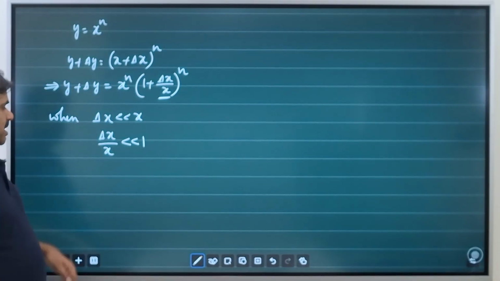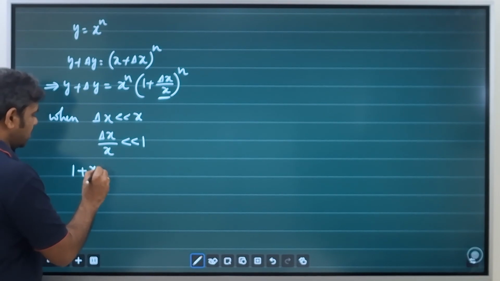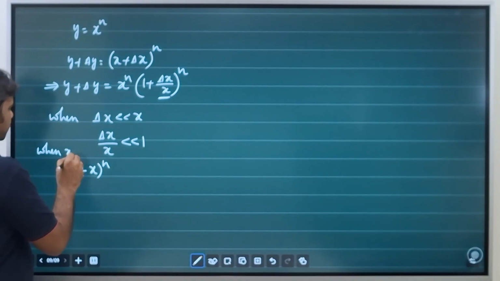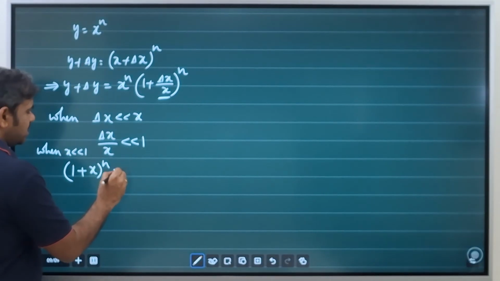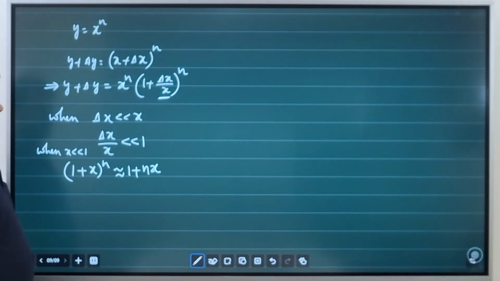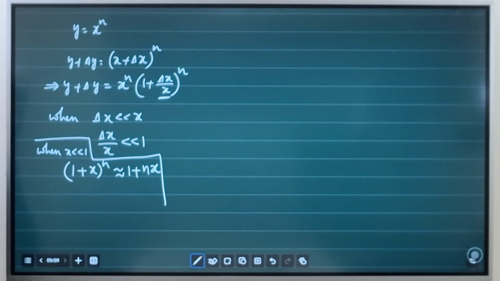If its value is very small when compared to 1, look at the approximation that we have written. When x is much smaller than 1, (1 plus x) whole power n is approximately equal to what? 1 plus nx. Similarly, we are going to use this approximation here.